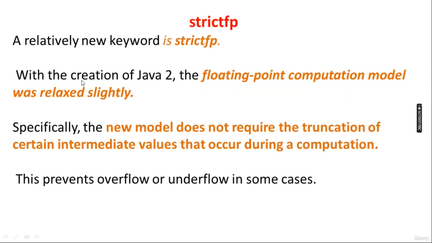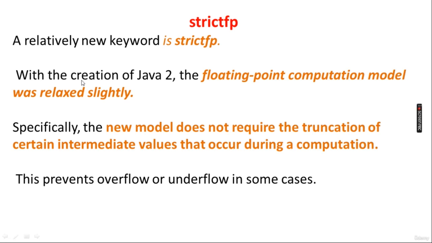Then strictfp. A relatively new keyword is strictfp. With the creation of Java 2, that is after Java 2, the floating point computation model was relaxed slightly. Specifically, the new model does not require the truncation of certain intermediate values that occur during computation.